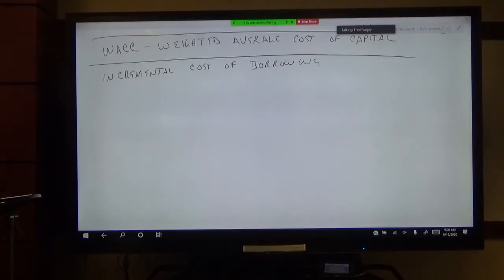Let's say that we have one bank that will give you a 70% loan to value ratio. So let's say that we've got a property that is $1 million in value. That means that we can borrow 70%, or $700,000, as our debt.